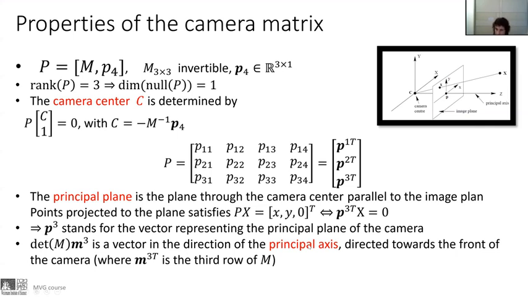This is the vector M3. The third row of M is the vector that represents the direction of the principal axis. This is related exactly to what we said before about the rotation matrix, that the third row represents the Z direction. Also, we'll have some exercise about this, so I think it will be more clear during the exercise.